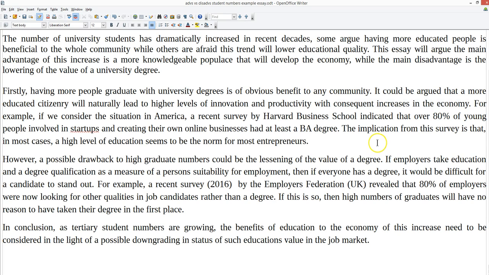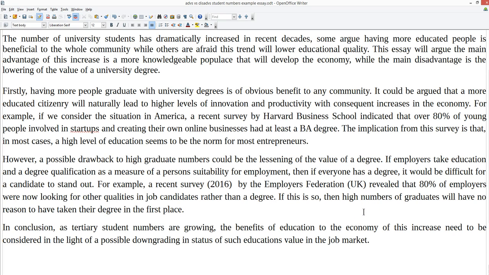How can we prove this? Well, Harvard said that 80% of young people creating their own business and startups had a degree. So they're not stupid because they have higher education. Right. So what's the idea here? A possible drawback could be that if more people take a degree, it can lower its value.